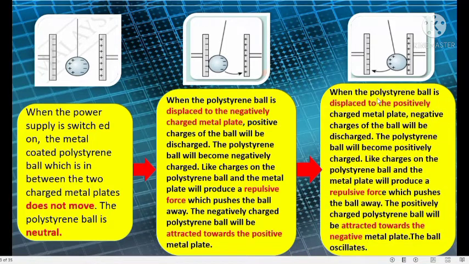What happens next? When the polystyrene ball is displaced to the positively charged metal plate, the negative charge of the ball will be discharged or neutralized. Then next, the ball will be charged with positive charge because it is touching the positive plate.